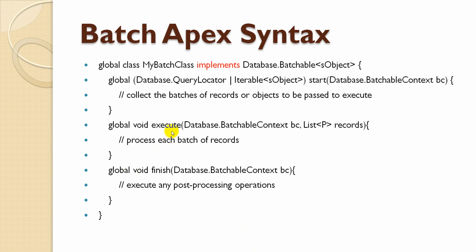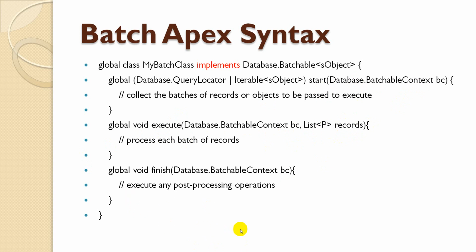After that, when the execute method is done, then it comes to the global void finish method. And again, this Database.BatchableContext BC is a must in each and every method. In start and execute, you must also have the extra list of records.